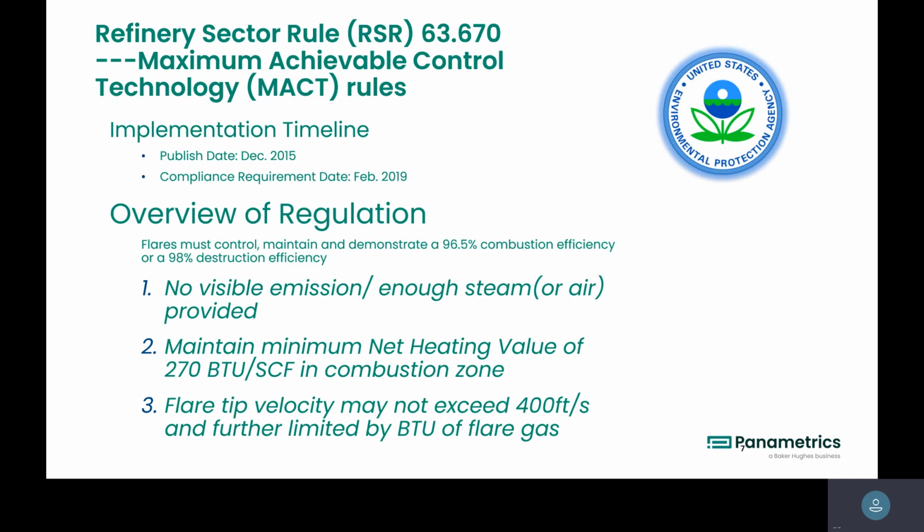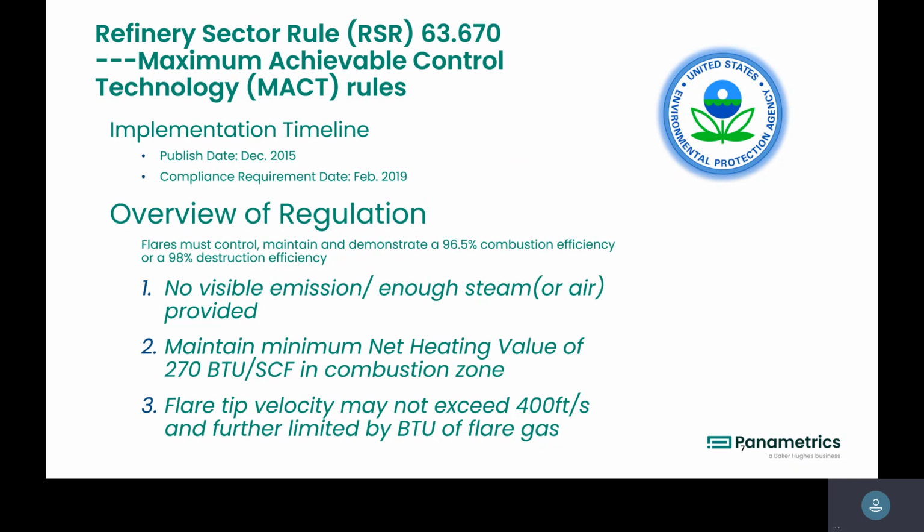Also, there is a fluid exit velocity requirement of less than 400 feet per second, or actually further limited by the BTU content. If your BTU content is, say, less than 300 or 400 BTU, the exit velocity is further limited.